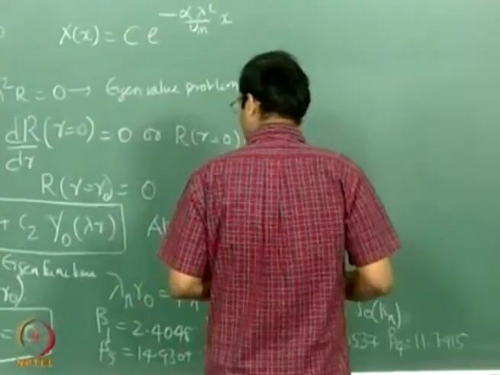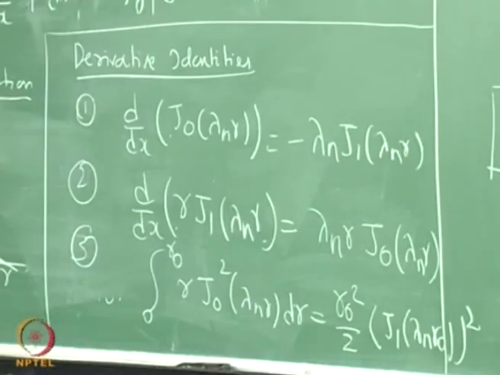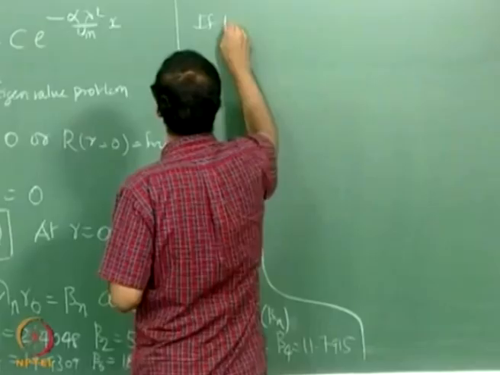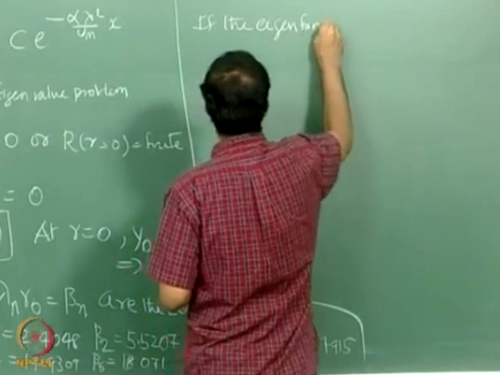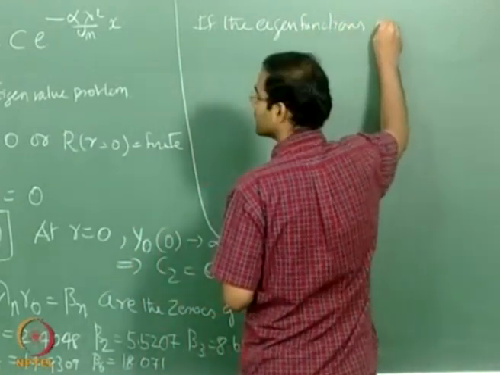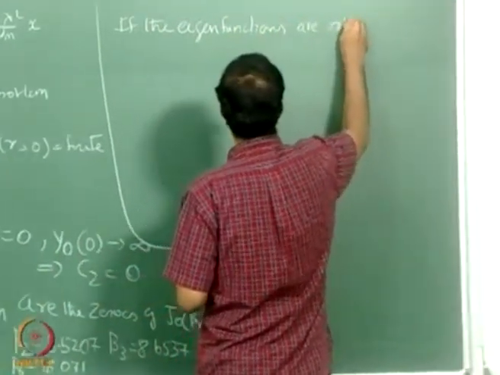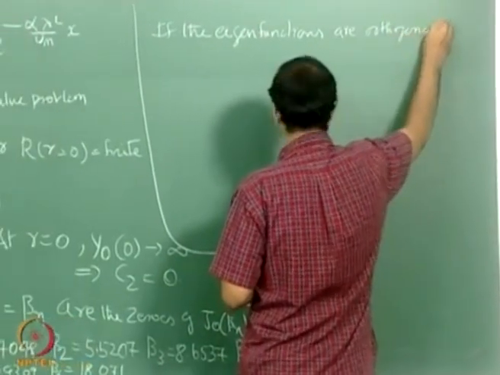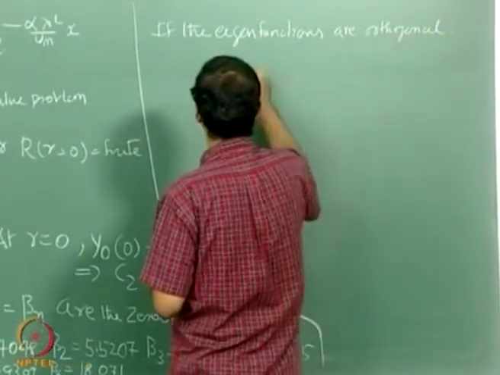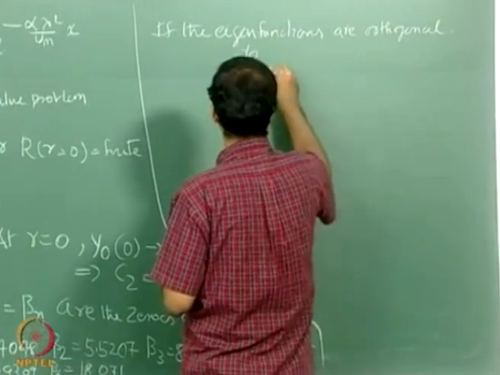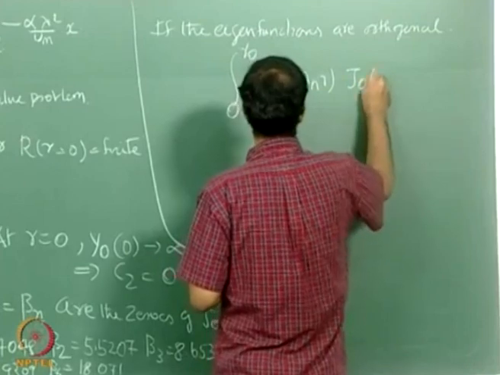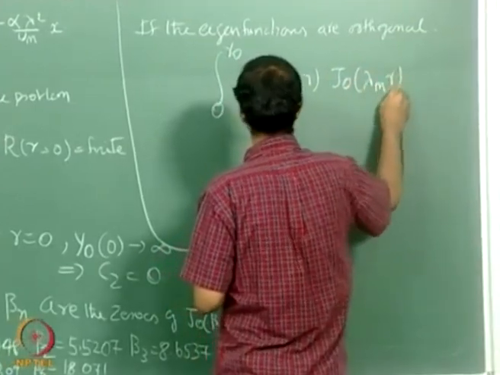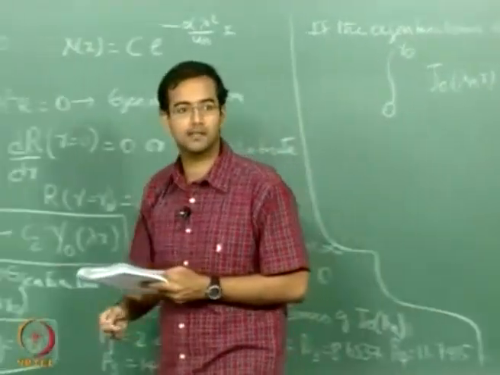Now the principle of orthogonality states that if the eigenfunctions are orthogonal, if you multiply an eigenfunction J naught lambda n r with the eigenfunction lambda m r, with n being different from m, so these are different integers.